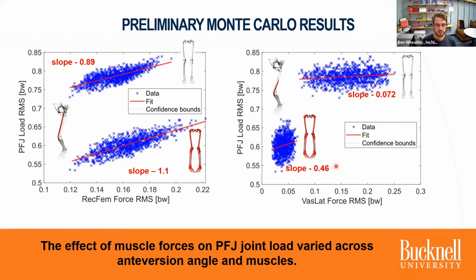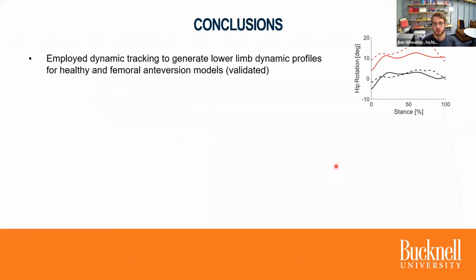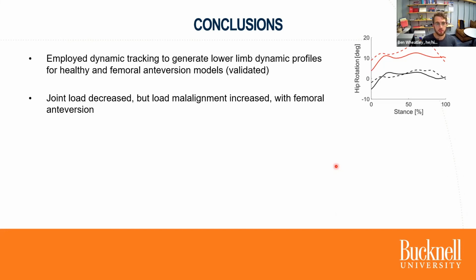So in conclusion, we employed a dynamic tracking MoCo problem to generate lower limb dynamic profiles for healthy as well as for femoral aneurysm models, and we validated this against experimental data. We found that through our Monte Carlo analysis, the joint load decreased, but load malalignment actually increased as femoral aneurysm increased.